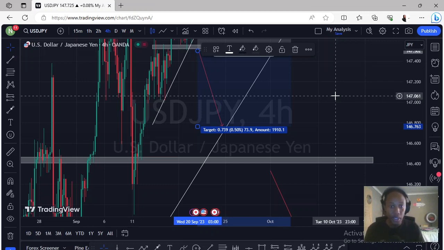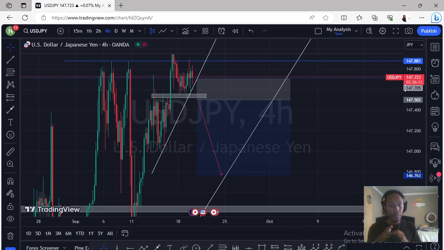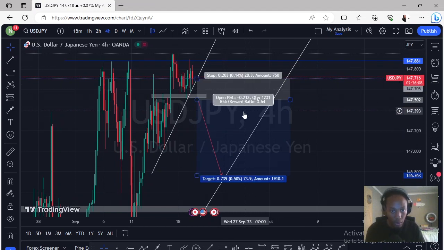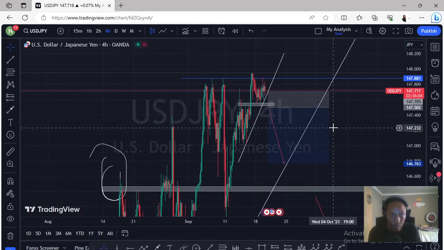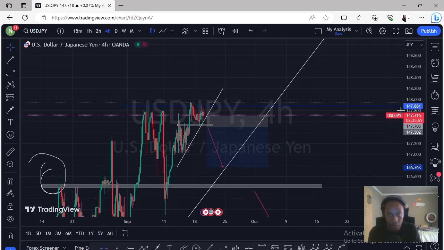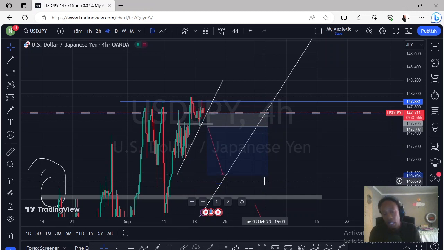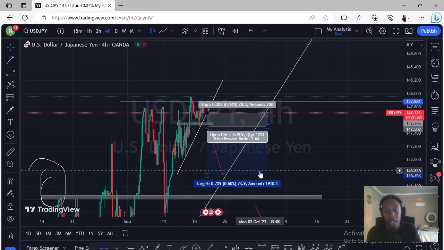So I'd be risking 2 to make 7. Actually it's 1:3. Okay, 1:3. I'll be risking 1 to make 3. So actually it's not even 3 exactly, it's 3.5. I'll be risking $1 to make $3.64.